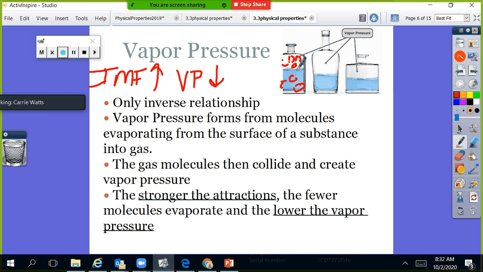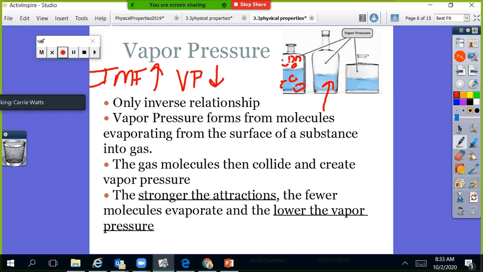Then they collide with each other and with the walls of the container, and they create their own vapor pressure. If you have strong attractions in the liquid, few molecules are going to escape into the vapor phase, which is why the vapor pressure would be lower.